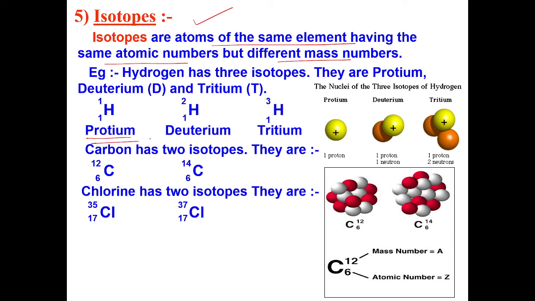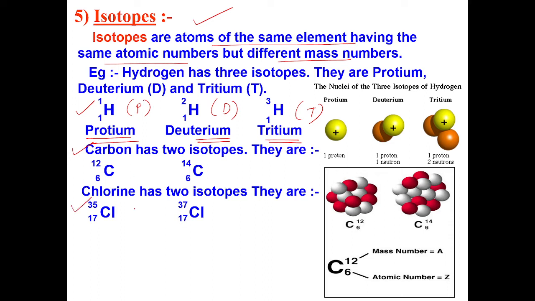They are called protium, deuterium and tritium, also sometimes referred to as P, D and T. But usually in a sample of hydrogen gas, you get 99% hydrogen 1 only, that is protium, so we usually write it as 1H1. Even carbon has isotopes, C 6 12 and C 6 14. Chlorine has the isotopes 17 chlorine 35 and 17 chlorine 37.